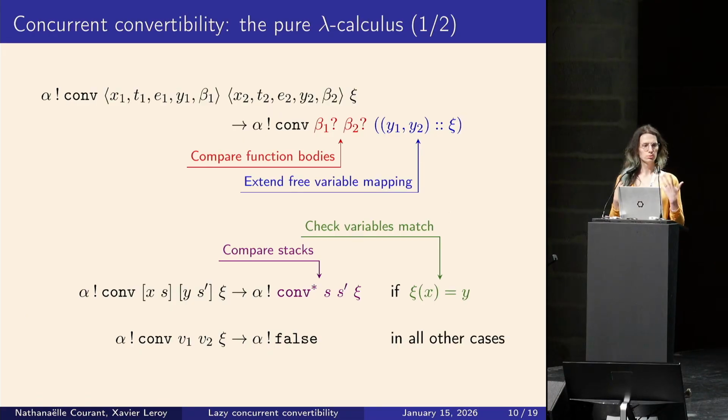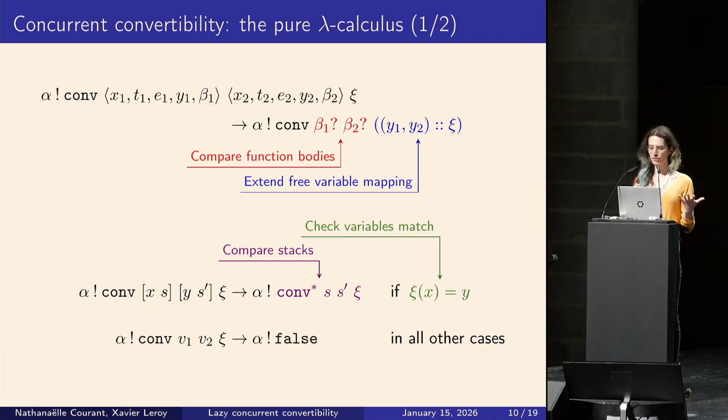So we will first consider the concurrent convertibility test in the context of the pure lambda calculus. If we want to compare two lambda terms, two functions, two closures, we simply need to compare the function bodies and extend the free variable mappings to say that both parameters should be considered the same.